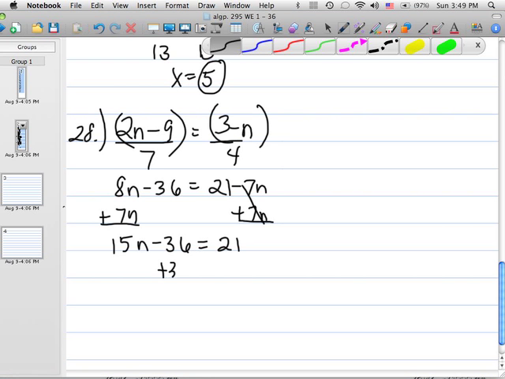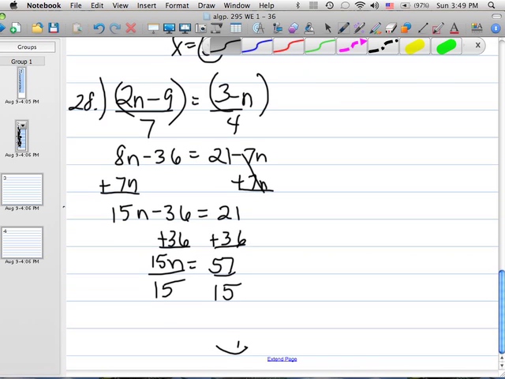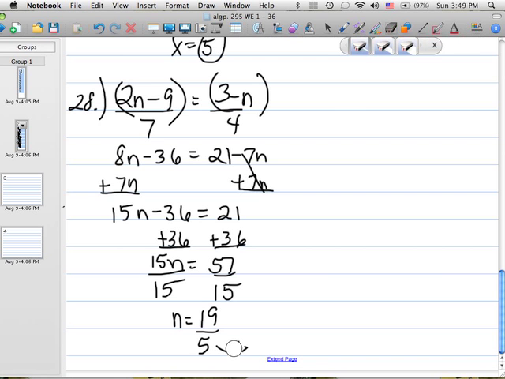Add 36 to both sides. 15n equals 57. Divide by 15. And if we simplify, we're going to divide by 3, and 3 goes into 57 19 times and into 15 5 times.